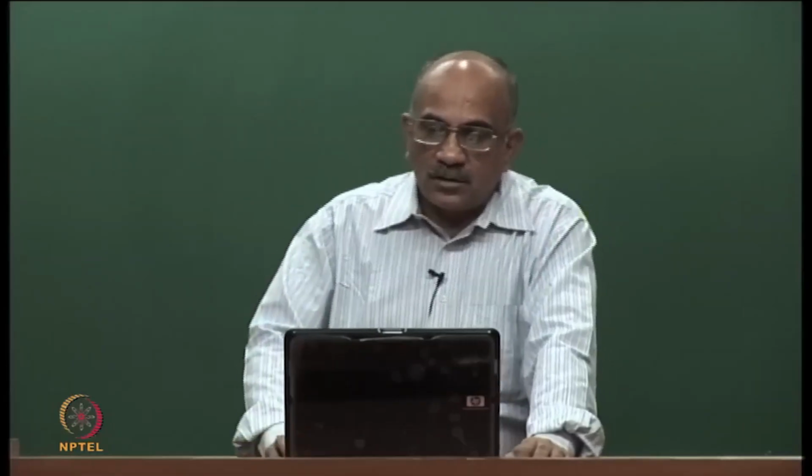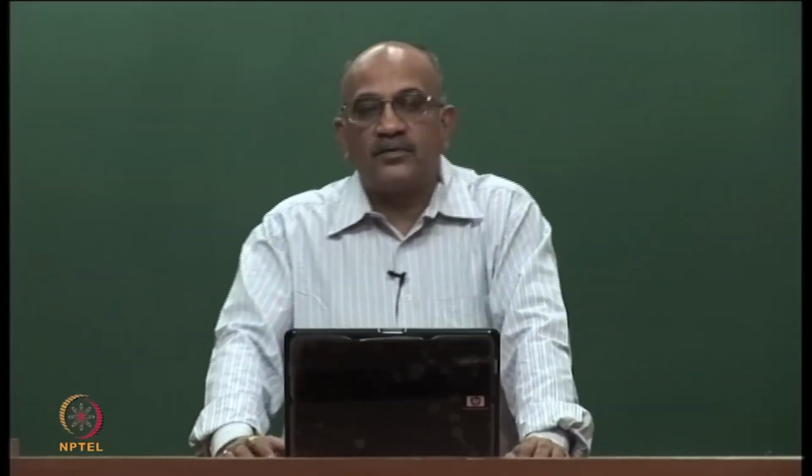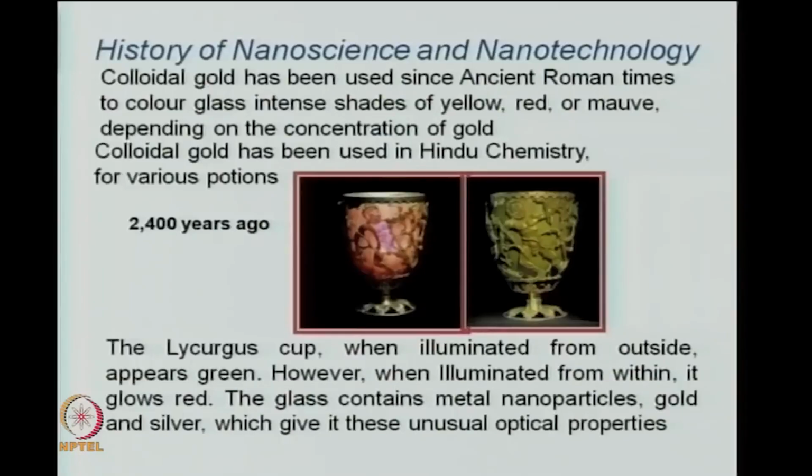Now, to give you a brief history of nanoscience and nanotechnology, nanoscience was known for a long time without any understanding. People have been making small particles which today we know were actually of the size of a few nanometers.